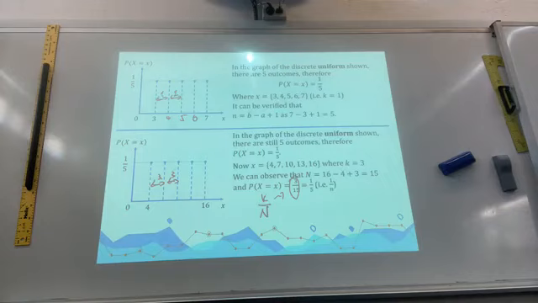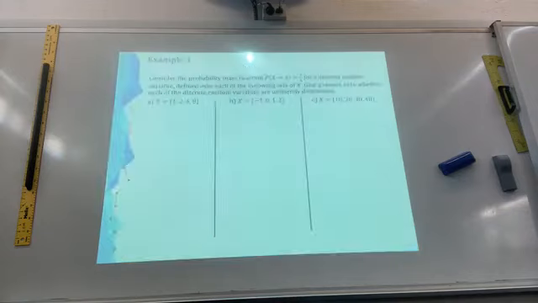All right? We're going to do some examples. Now, if you look at the probability mass function, P(X = x) equals 1 over 4 for a discrete random variable. It's defined over each of the following sets of x. Give a reason whether each of the discrete random variables is uniformly distributed. Let's look at the first one. You know that there are 4 elements in there: 1, 2, 4, and 8.